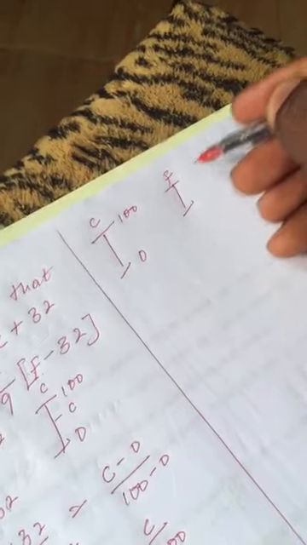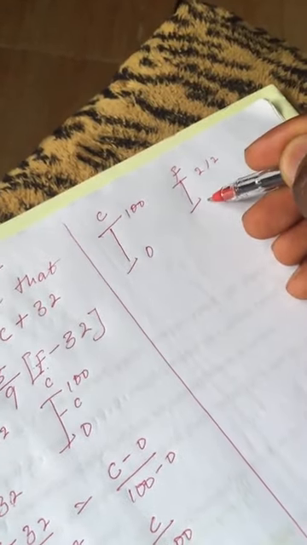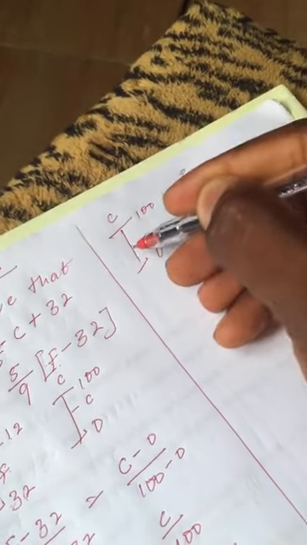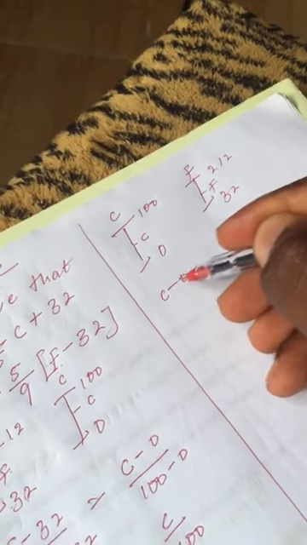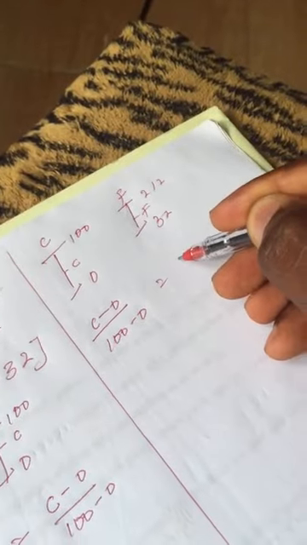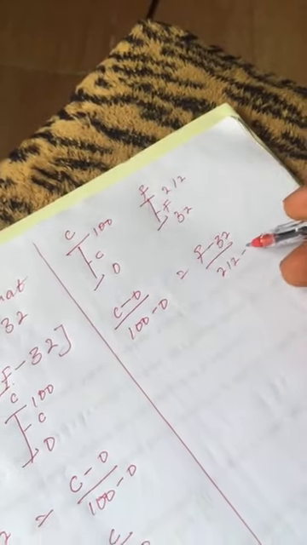The upper fixed point of the Fahrenheit scale is 212, and the lower fixed point is 32. And we have a fundamental interval in the middle. So this becomes C minus 0 over 100 minus 0, and the same thing becomes F minus 32 over 212 minus 32.